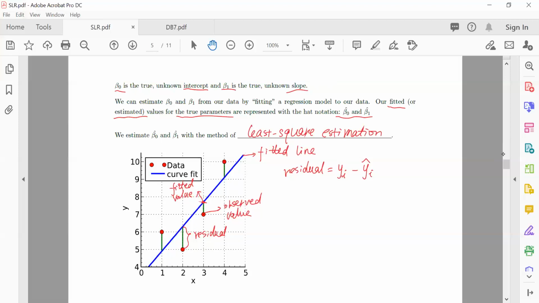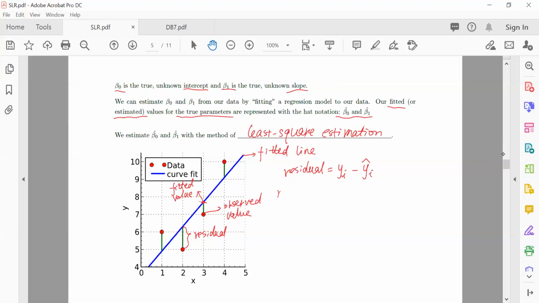So you may get a line which has a very small sum of residuals, but actually the points are not clustered around the line. Points are pretty far away from the line. It just happened to sum up to be close to zero because it has positives and negatives and they cancel each other off. So we want to square it.